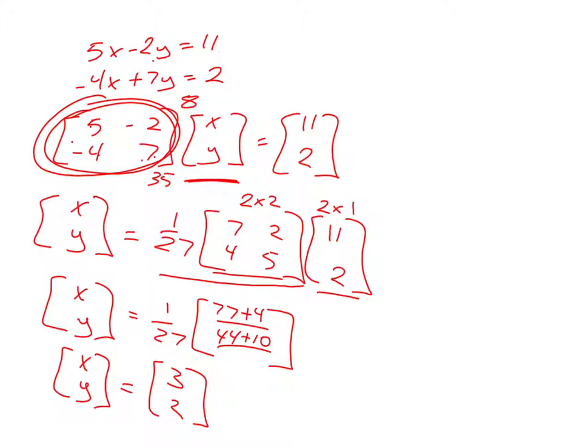So this means that x equals 3 and y equals 2. So that's using the inverse of a matrix to solve the system of equations. Any questions on what we did there?